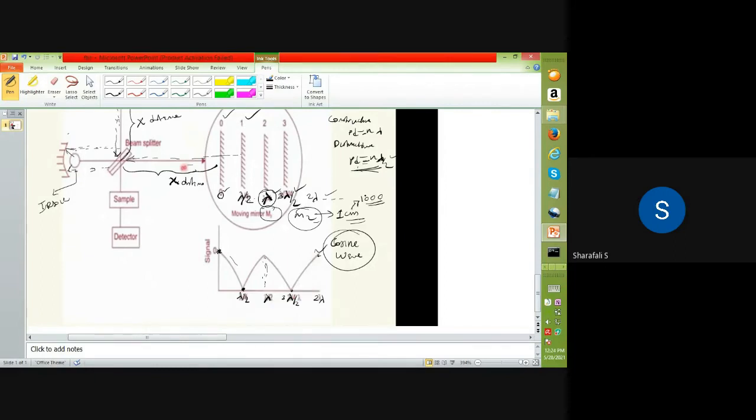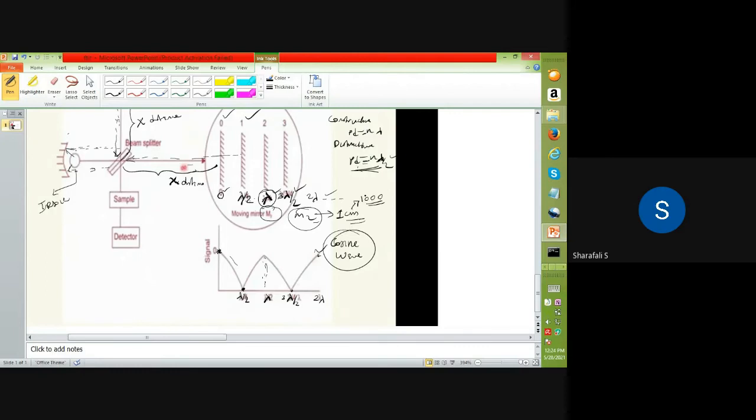So a total of thousands of values or points we have to store in the computer system when the mirror M2 moves within 1 centimeter. It will be moving very slowly, and that will be controlled by some particular system, something like an air controlled system.